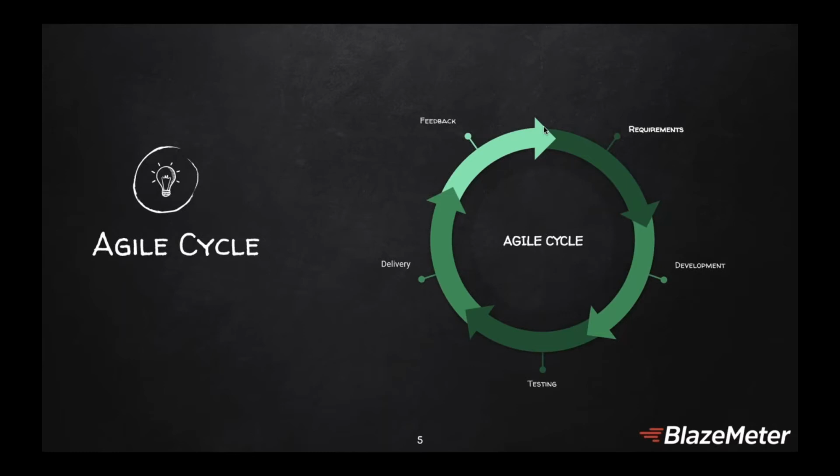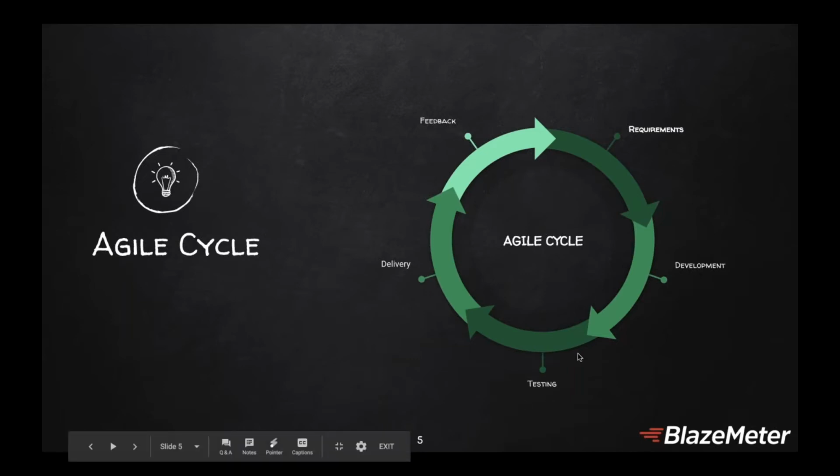And when you're using this circle and you're iterating a lot, you need to test frequently, fast, and easily. And that's basically what BlazeMeter is all about. Whatever open source tools you're using, you can scale it up in the cloud or use Taurus to run it in the CLI and test fast and easily.